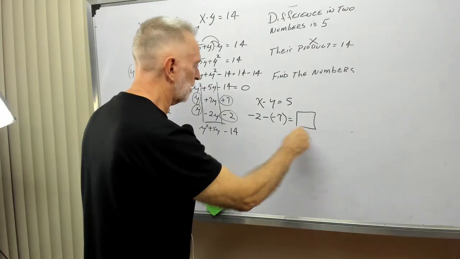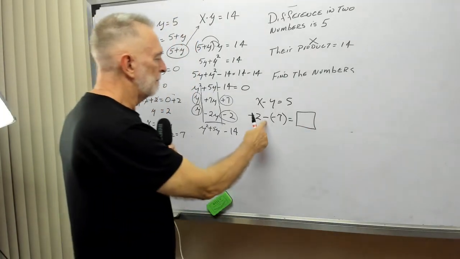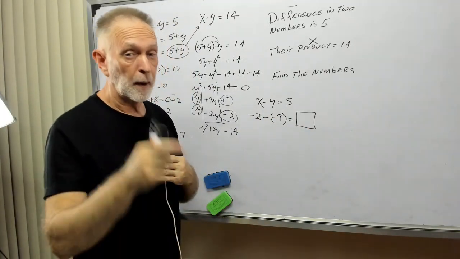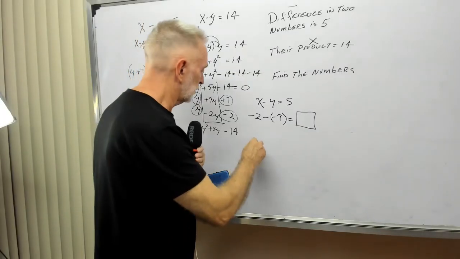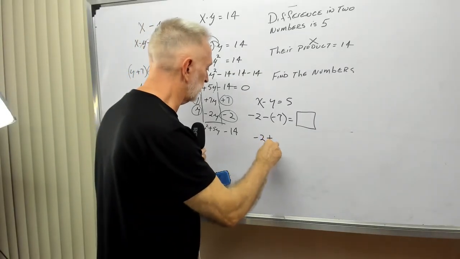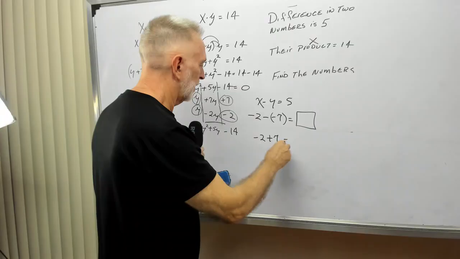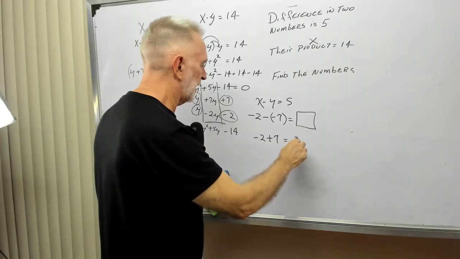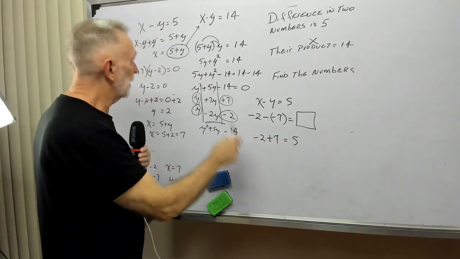We'll put a box because we don't know yet. Minus a negative is what? Plus a positive. So I have negative 2 plus 7. And what does that equal? 5. So that works out.